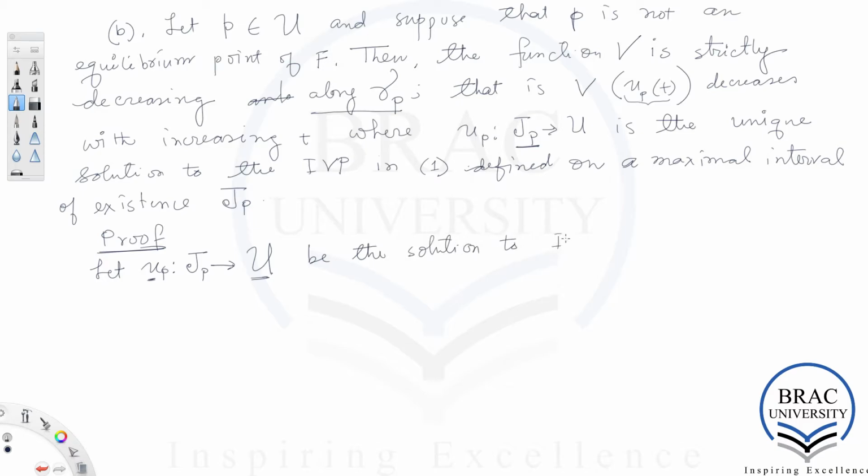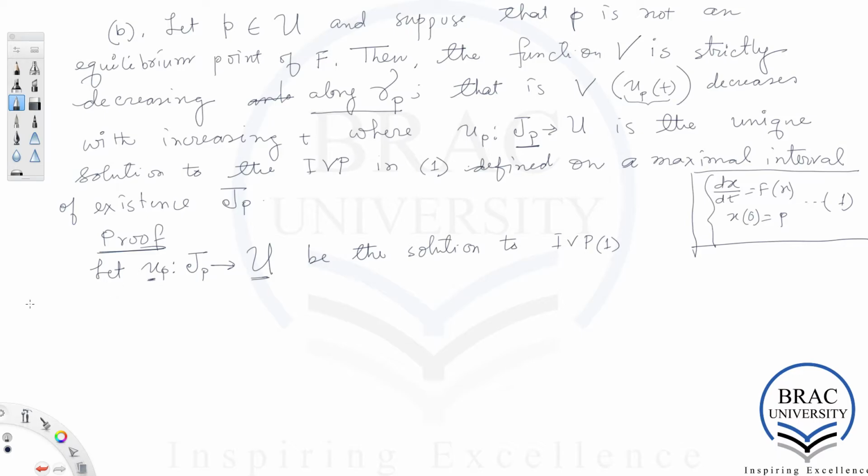to IVP1. So IVP1 was this, right? dx over dt is equal to f of x, and x at 0 is equal to b. This was IVP1.